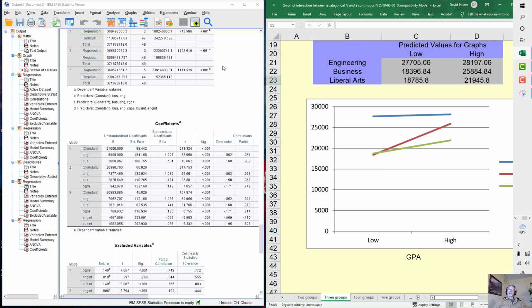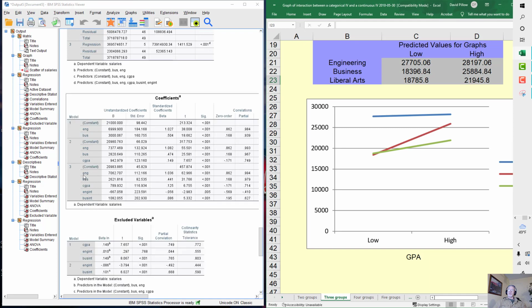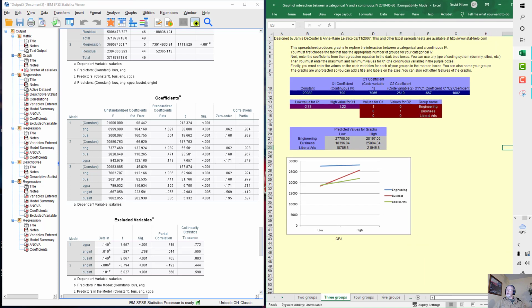In order to plot the data, what you want to do is go back to your original output where you had the constant, engineer, business, centered GPA, engineering interaction, business interaction. These coefficients are going to be used to get your figure.